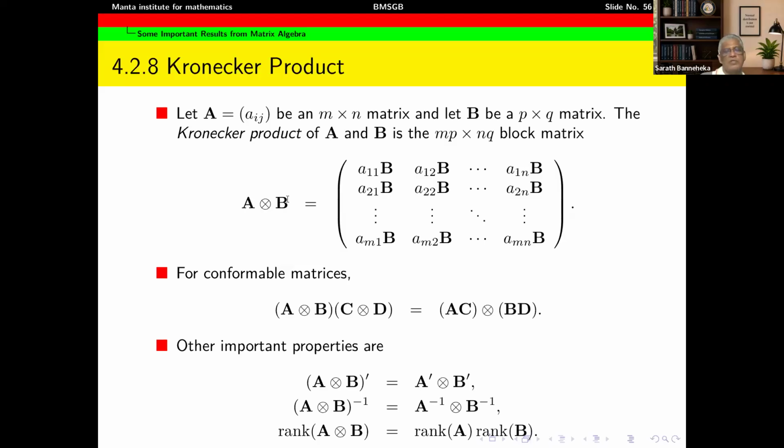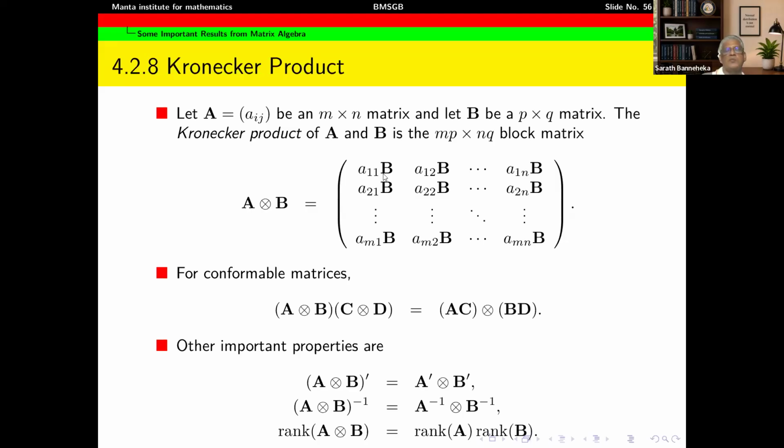Suppose A is a matrix, B is also a matrix, and then Kronecker product between A and B is defined as a big matrix, in this case, that is coming by multiplying the B matrix by each element in A, right?